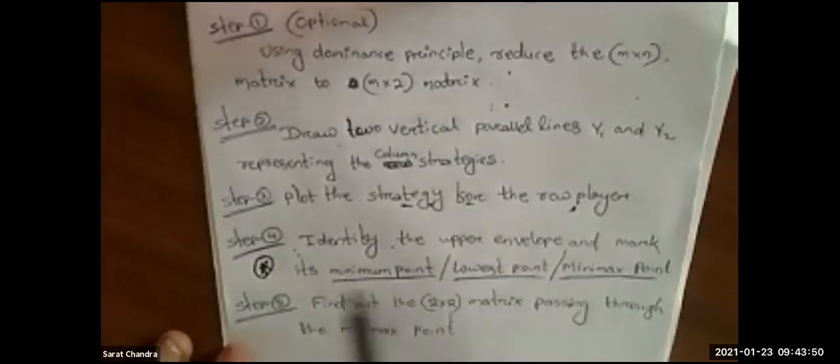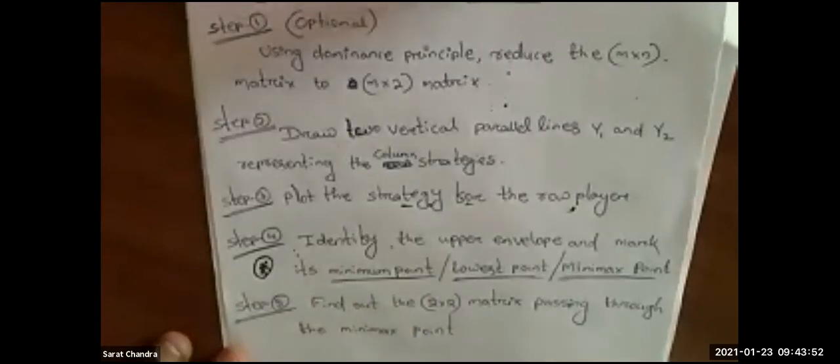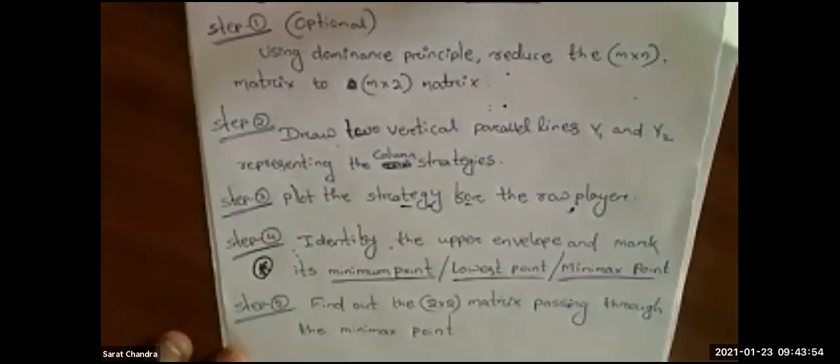In our last class, we identified the lower envelope, and from the lower envelope we identified the maximum point. That's why the name was maximin point. Min means lower envelope, max means maximum point. The maximum point of the lower envelope is the maximin point.